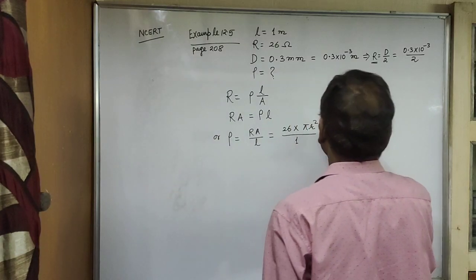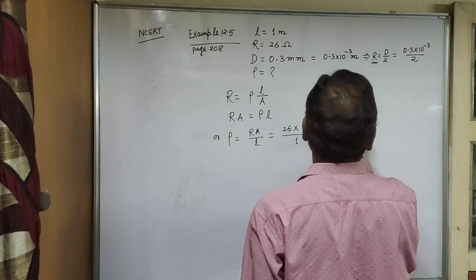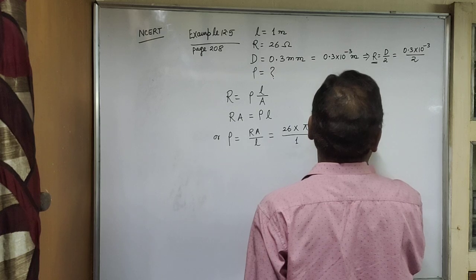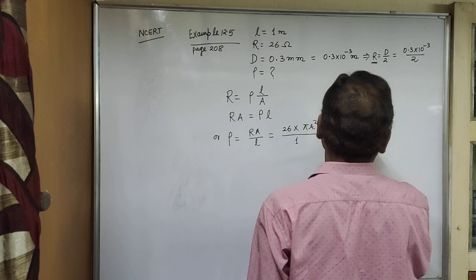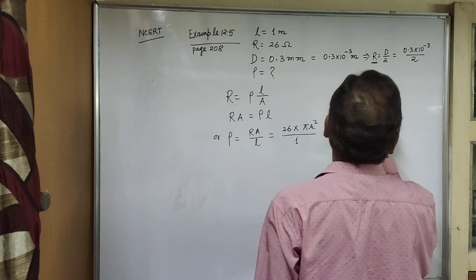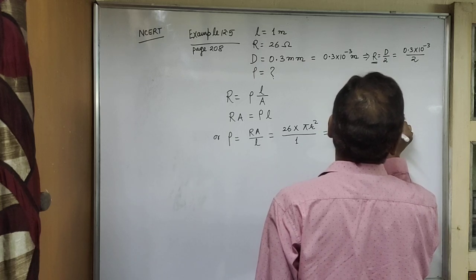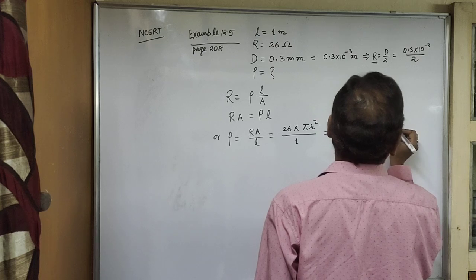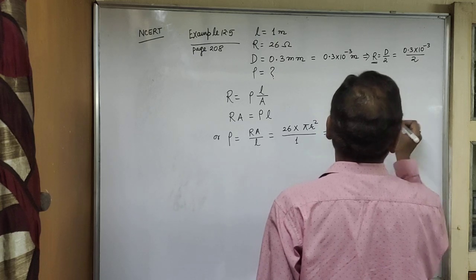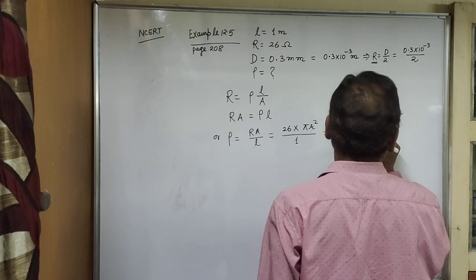So we will substitute the value: 26 into 22 by 7 and r square. r square will be 0.3 into 10 to the power minus 3 whole square, and in the denominator 2 square is 4.